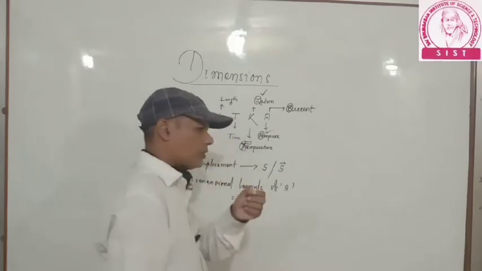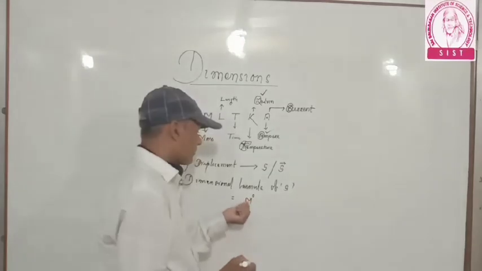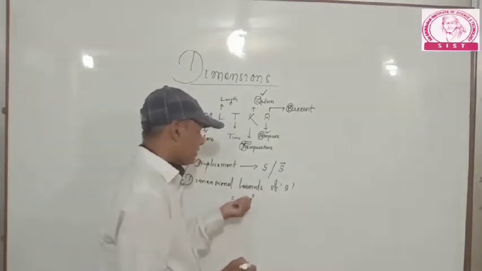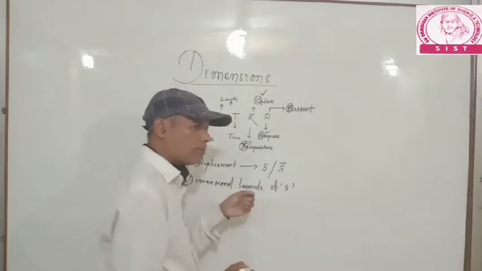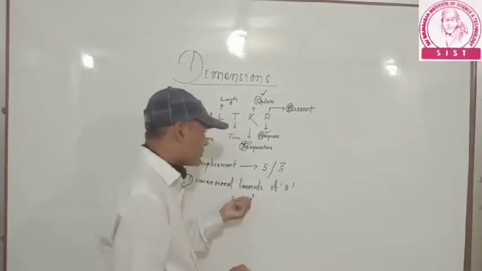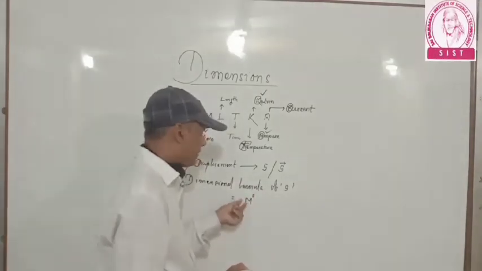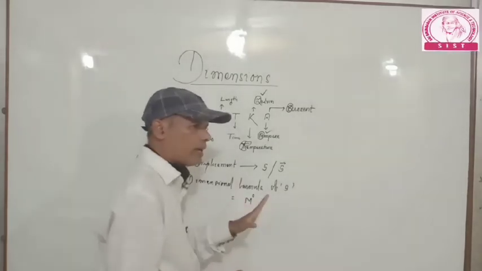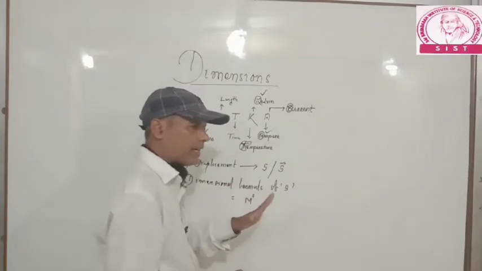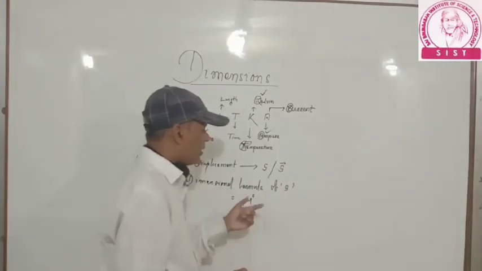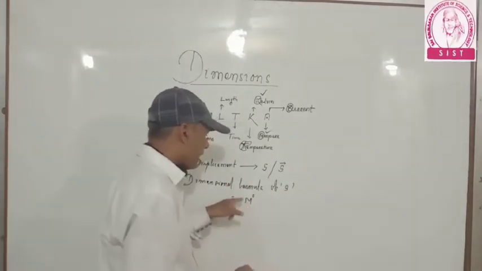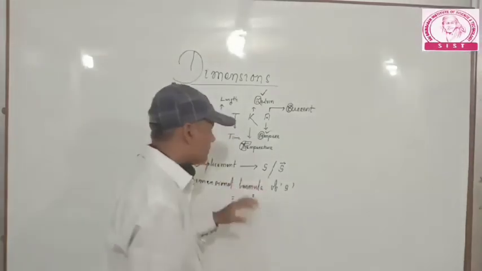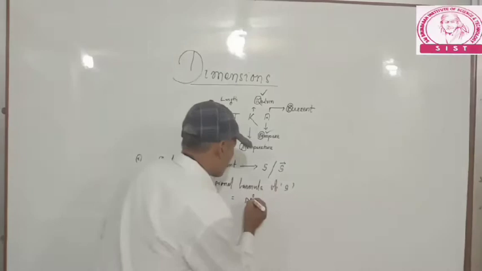So you know power of some quantity is 0 means the quantity is absent there. It became multiplicative identity. M to the power 0 is 1. It will multiply with other terms. So m to the power 0 means there is no question of m. Mass is not present at all.